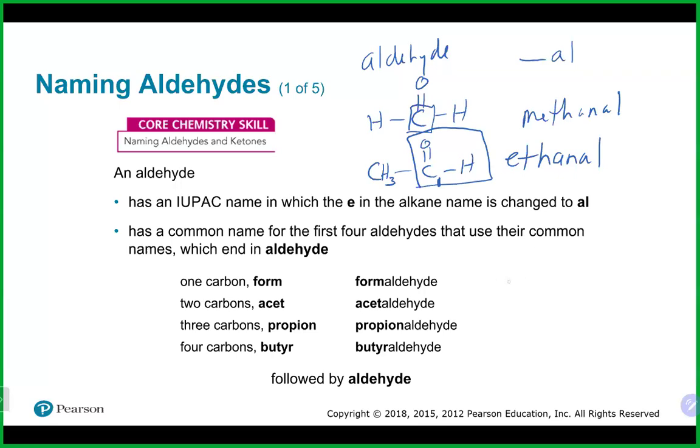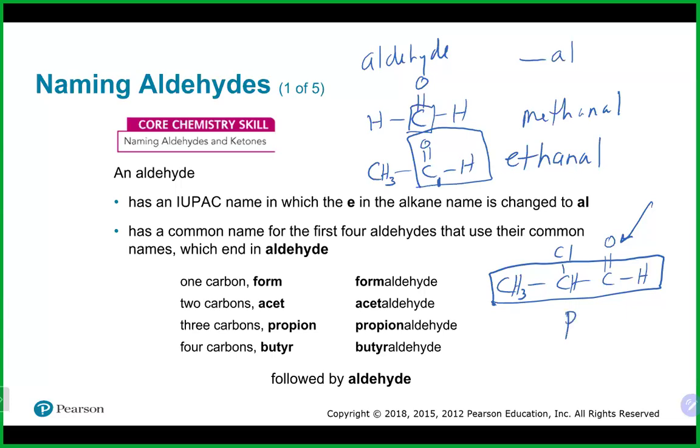So, if we had something like maybe this, the base of this name would be 3 carbons, because that contains our functional group here. And that would be our propanal.